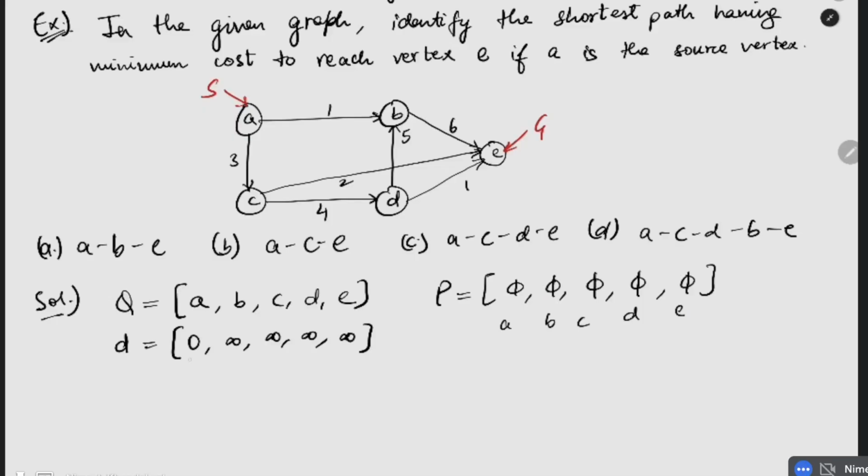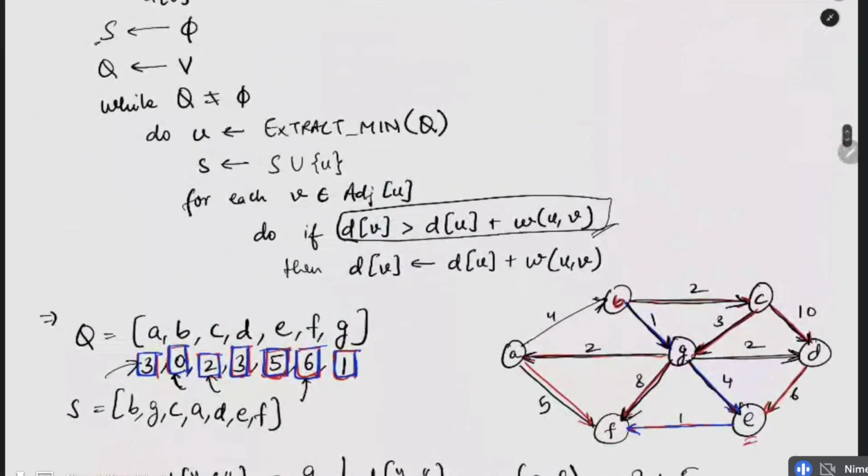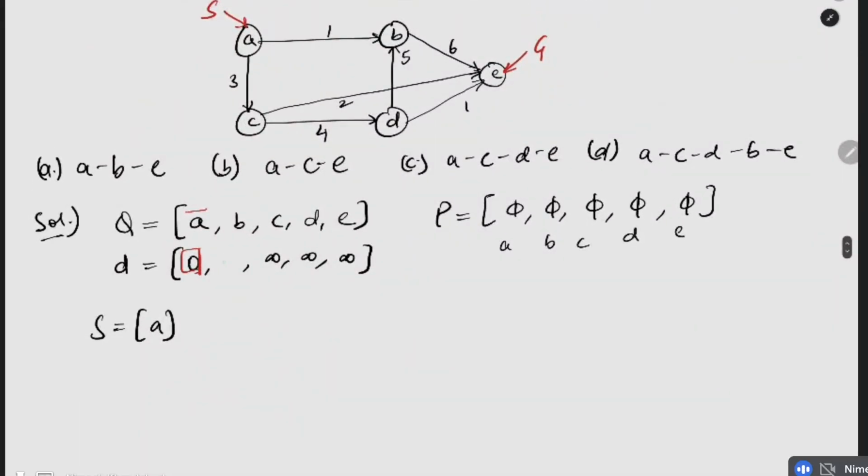So we start by taking A. We put A into the array S, and then we look at the adjacent vertices of A, that are B and C. The condition that we have here in Dijkstra's is true for both B and C, so we update it. For B, it becomes 1 because 0 plus 1, and for C, it becomes 3.